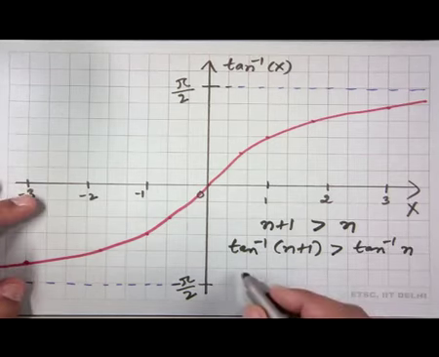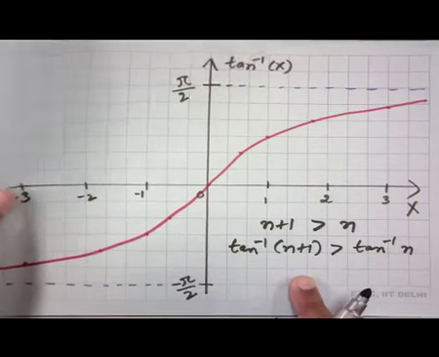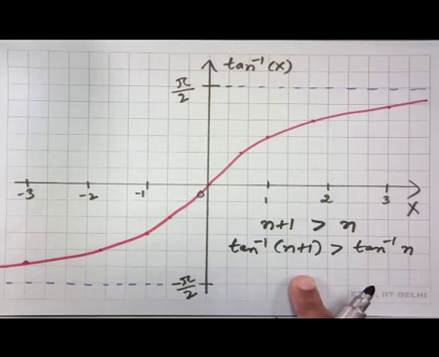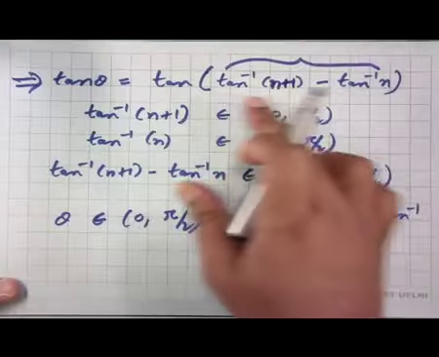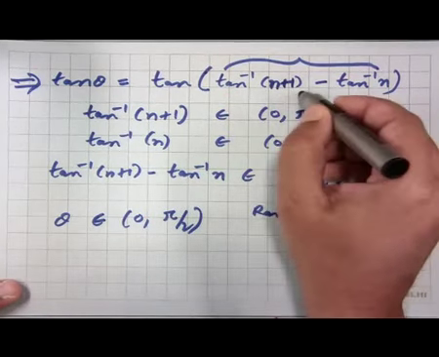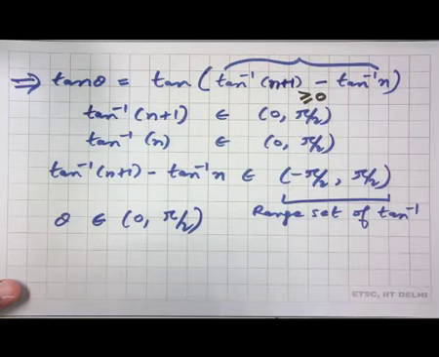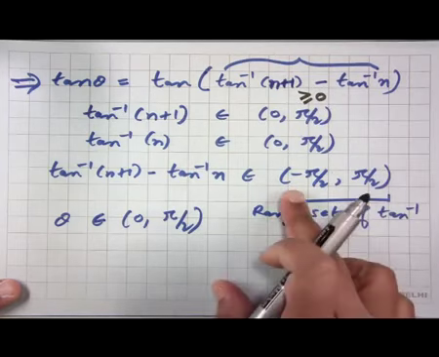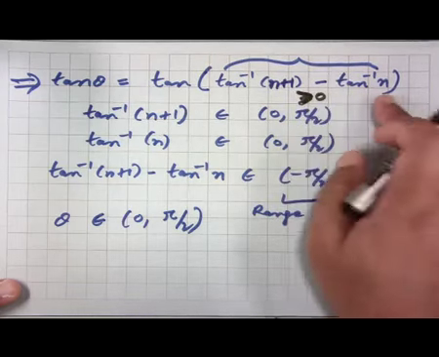Using this fact in our previous equation, we can say that this quantity is greater than or equal to 0. In fact, it should be strictly greater than 0, because n plus 1 and n can never be the same.